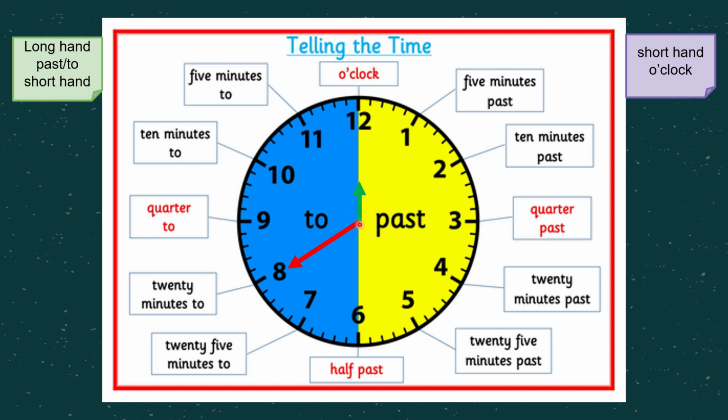However, the shorthand is pointing to 12. When we see the word to, we won't be using 12 anymore, but we will be going to the next number. So the time is 20 minutes to 1.